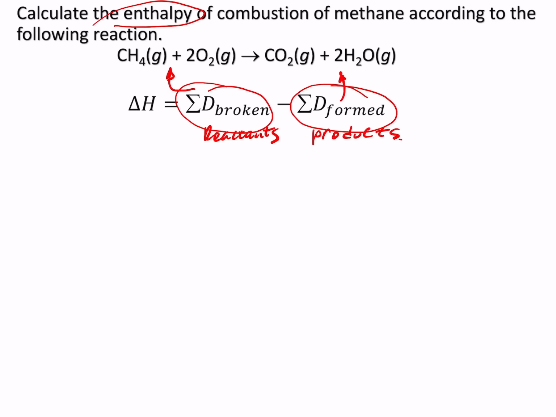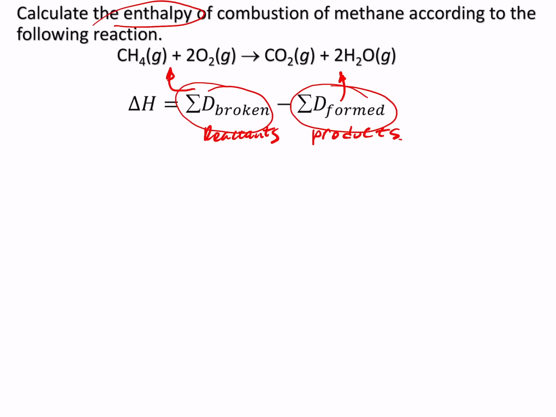This is about the only time when calculating enthalpies that it is the reverse. Whenever we use functions of state, it's always final state minus initial state, except for this particular case, where it's reactants minus products. So be careful with that.